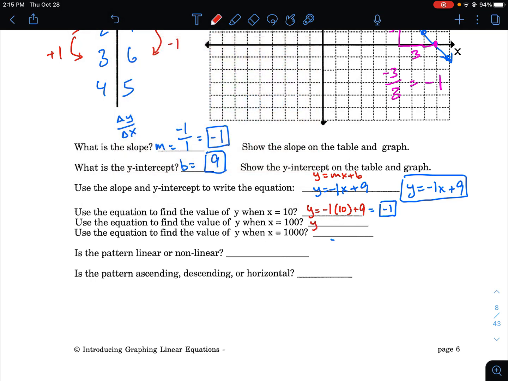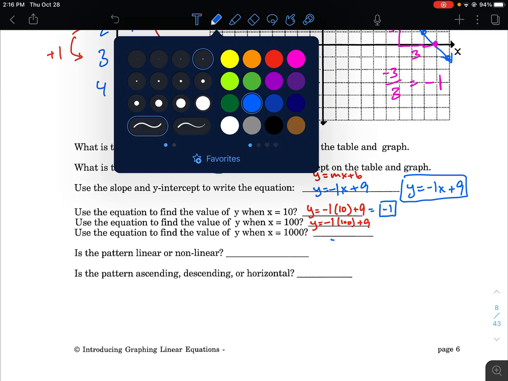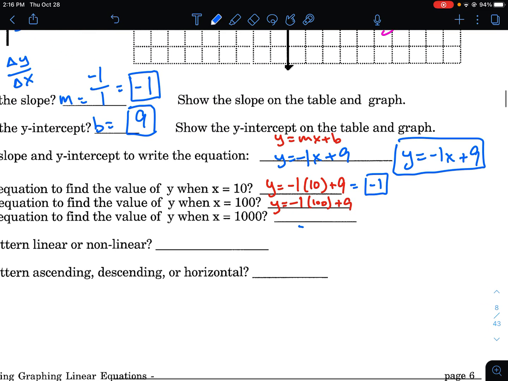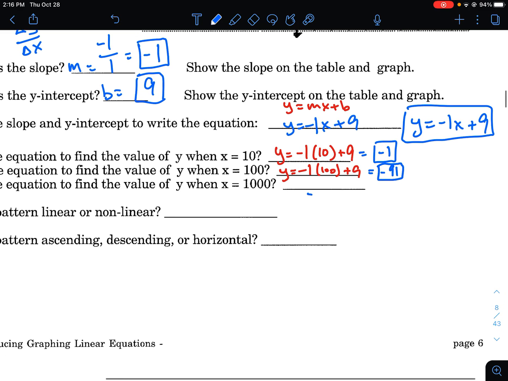Let's do what happens if x is 100. So -1 times 100 plus 9. 100 times -1 is -100, and -100 plus 9, they are opposite signs, so I should subtract. 100 minus 9 is 91, and it is negative because the -100 is bigger.